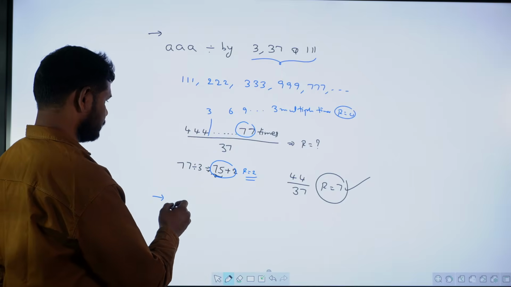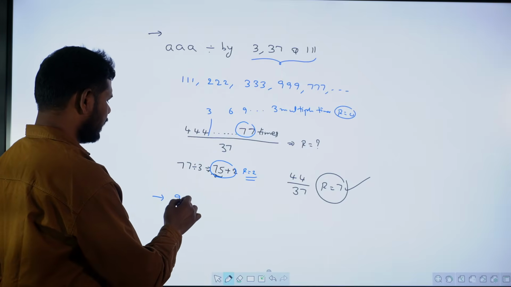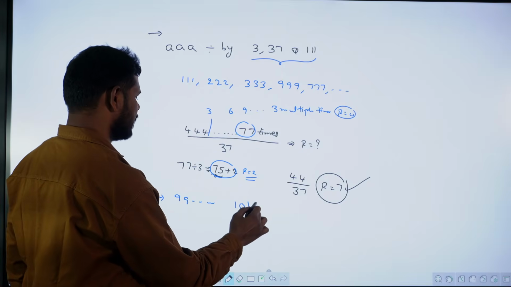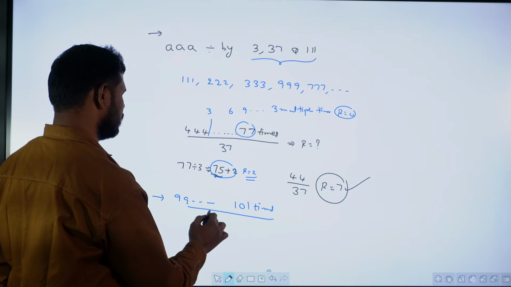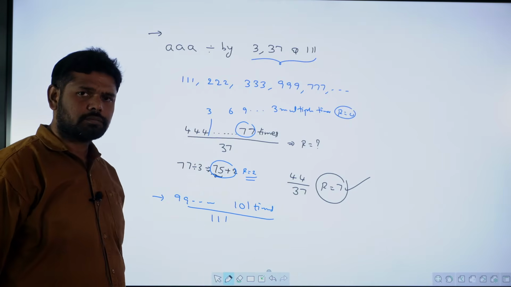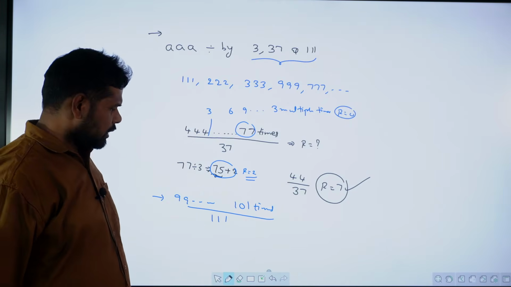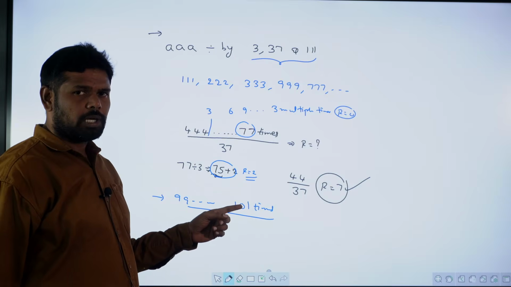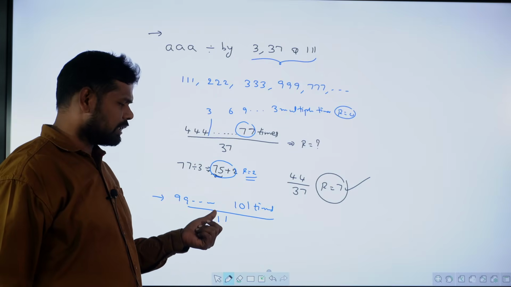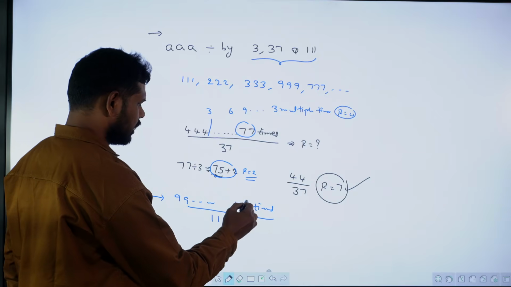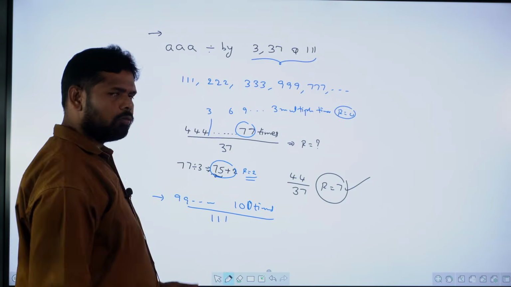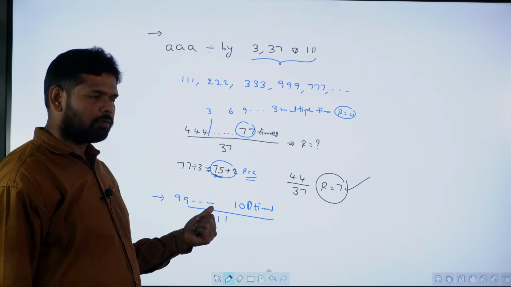And sometimes you can write 9999 and so on up to 101 times, divided by 111. What is the remainder? 3 multiple times. 99 is a multiple of 3. Up to 99 times it is completely divisible. Suppose it is 100 times. Up to 99 times it is divisible, 9 is remaining.